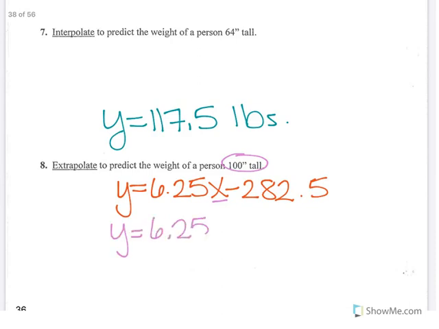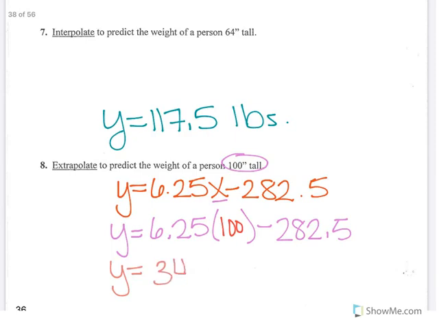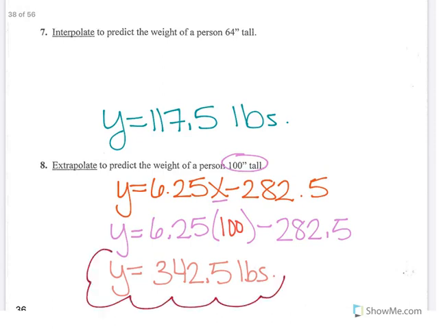So 6.25 times 100 minus 282.5 is going to give us a y value of 342.5 pounds.